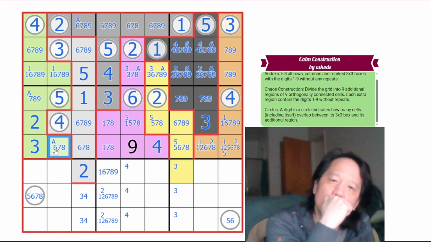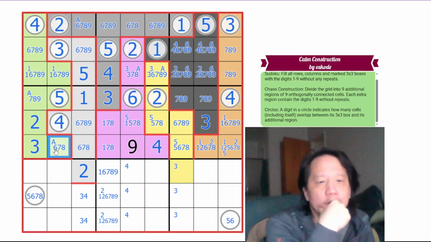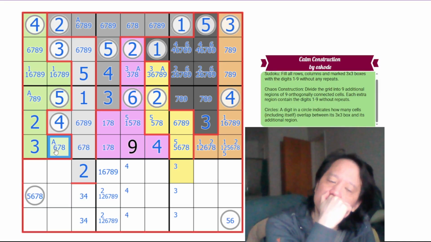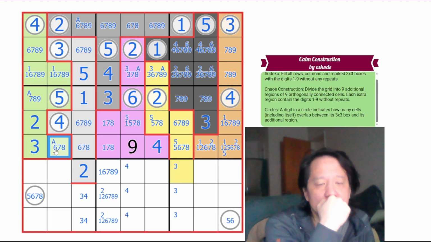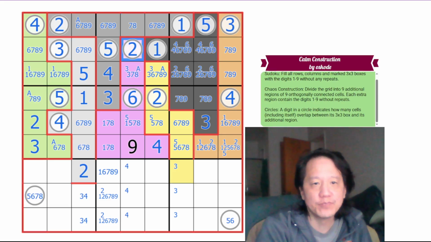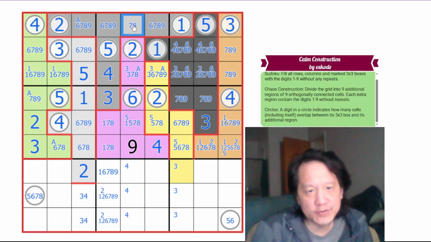Okay. 6 eliminates 6 here. This becomes 7 or 8.